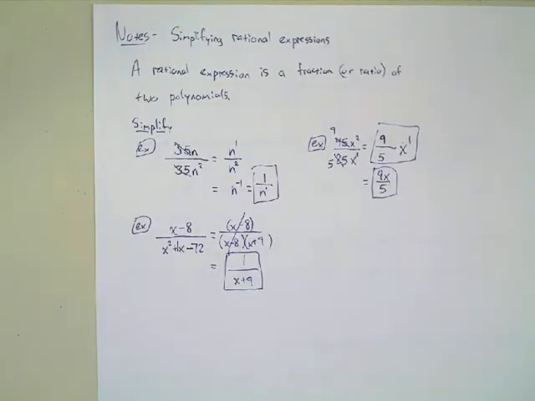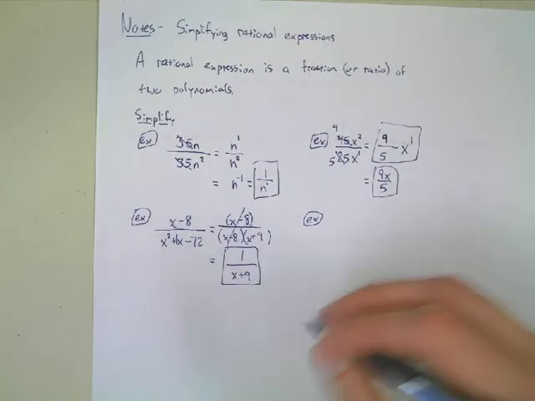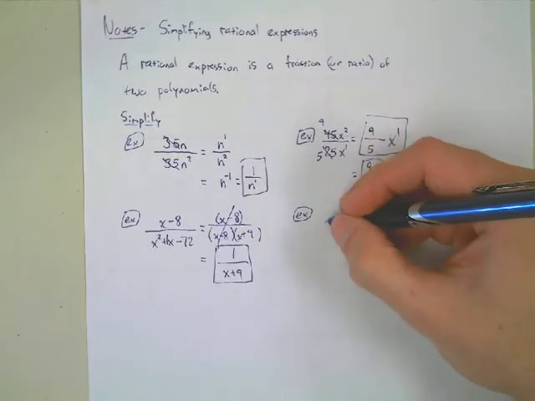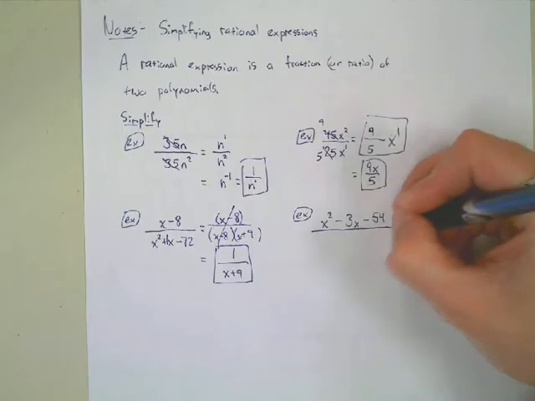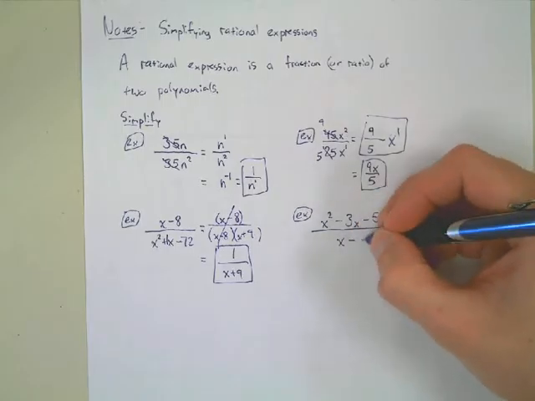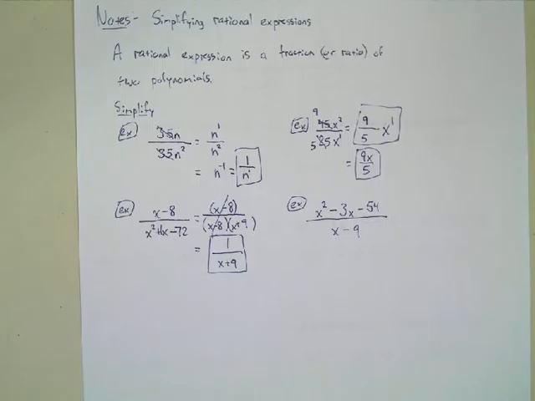All right, let's try another one. We're going to do x squared minus 3x minus 54 all over x minus 9.